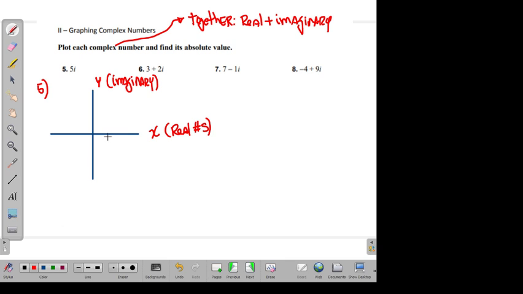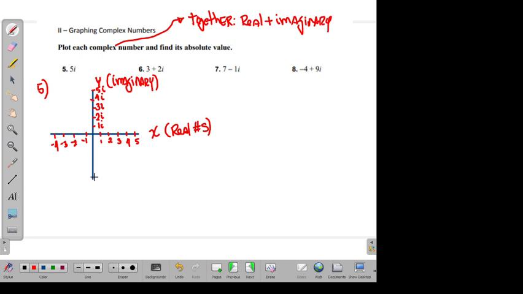Okay, so let's do a quick view here. We're going to put 1, 2, 3, 4. I'm going to make everything 5 to make my life easy. 1i, 2i, 3i, 4i, 5i. Here is going to be -1, -2, -3, -4. I don't have space for that, so forgive me.